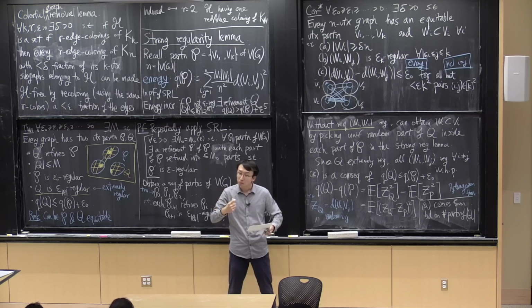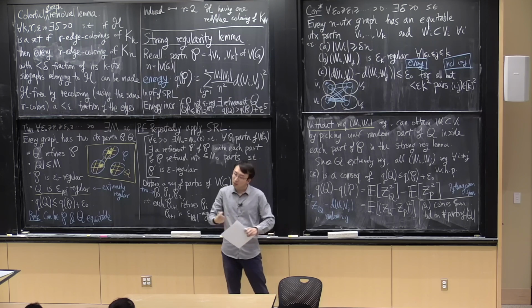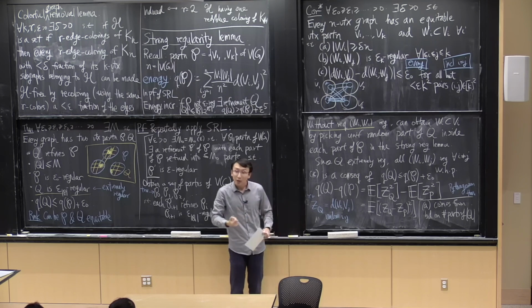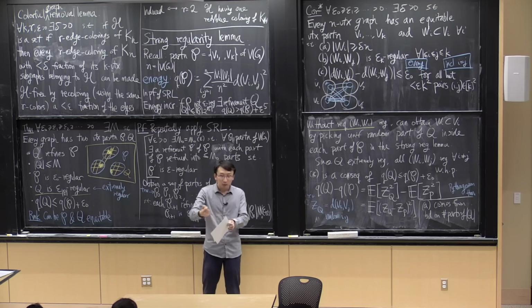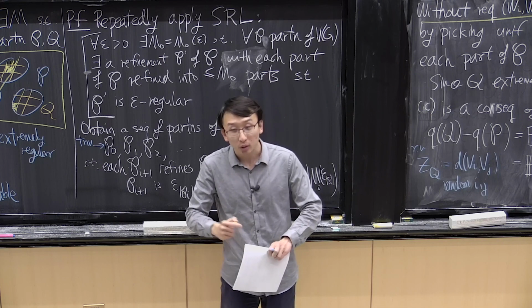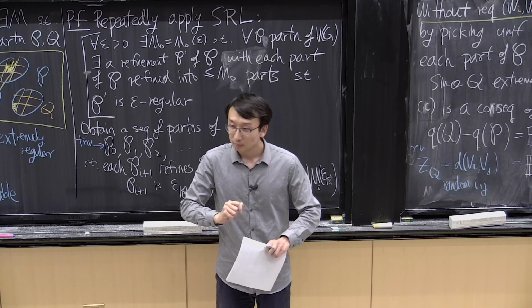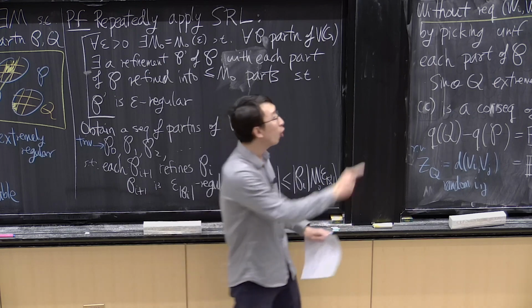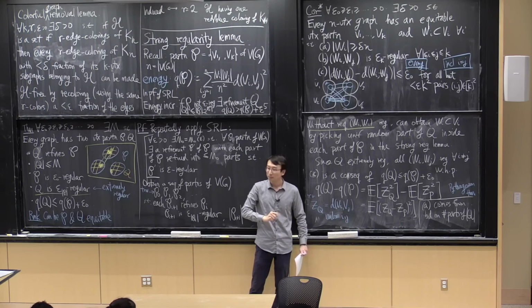I won't explain how to do that, and part of the reason is that this is also one of the homework problems. In one of the homework problems, on problem set 3, you are asked to prove that every graph has a subset of vertices of at least constant proportion, such that it is regular with itself. And the methods you use there will be applicable to handle the situation over here as well.